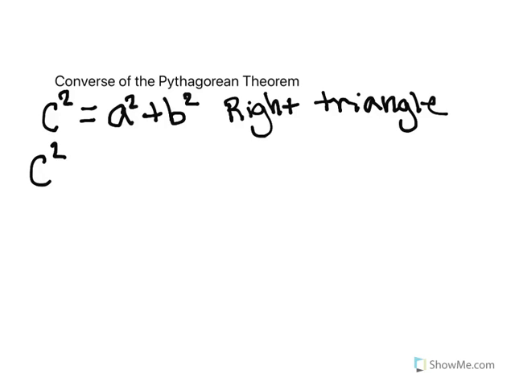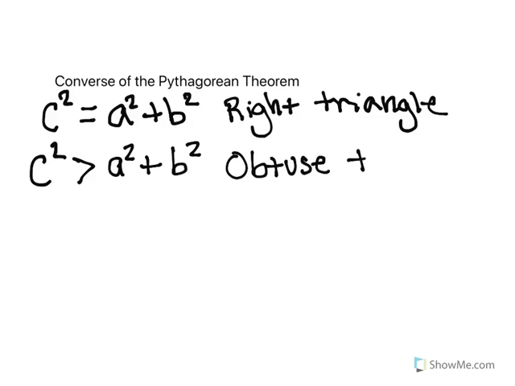If, when we do c squared, it is greater than a squared plus b squared, then the triangle is not a right triangle, but it is an obtuse triangle. Meaning that one of the angles in the triangle is greater than 90 degrees.